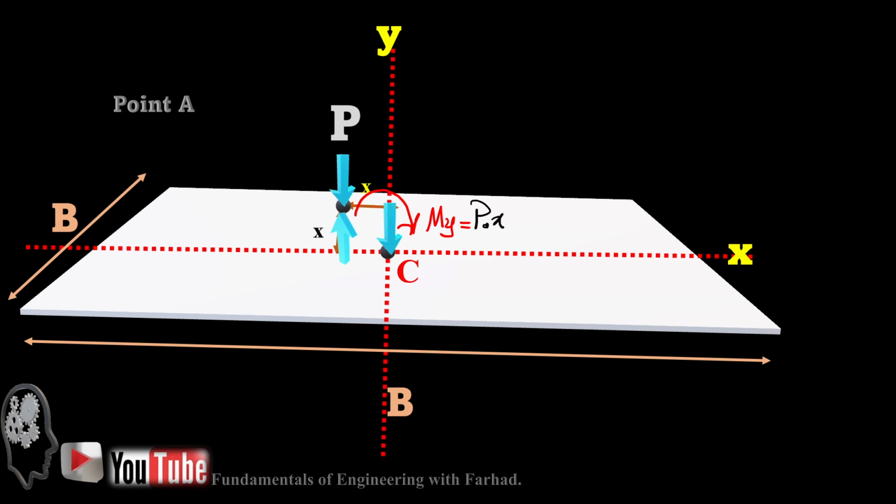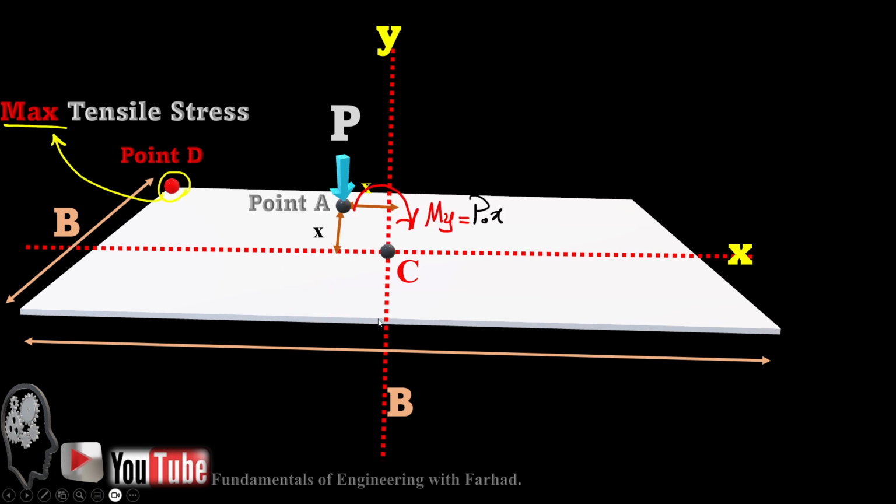And then likewise, if we consider it in the other direction, it also creates a moment about the x direction, and that's nothing but P times x, that's M_x. So we have M_y and M_x, both of them equal to P times x due to the same eccentricity.